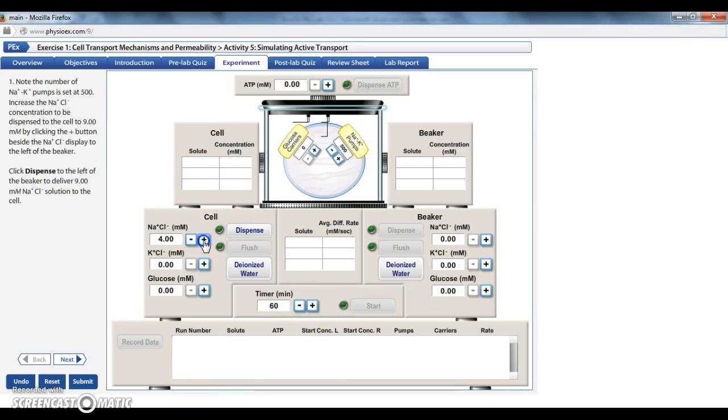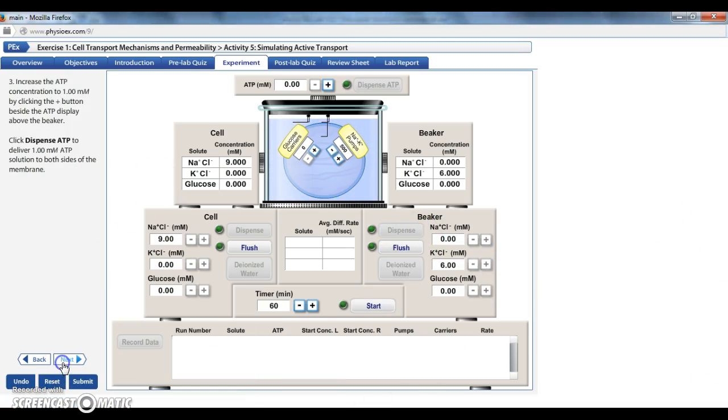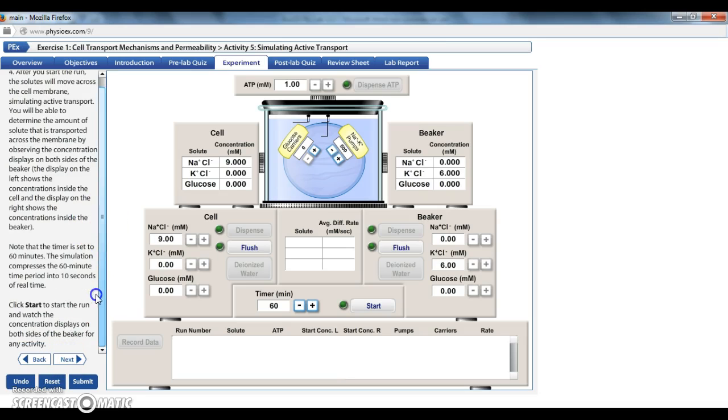So sodium chloride, it's got you putting 9 on the left, and it's got you putting 6 of potassium chloride on the right. And the ATP is up here. And then you click start. So that's basically the things you'll be adjusting.